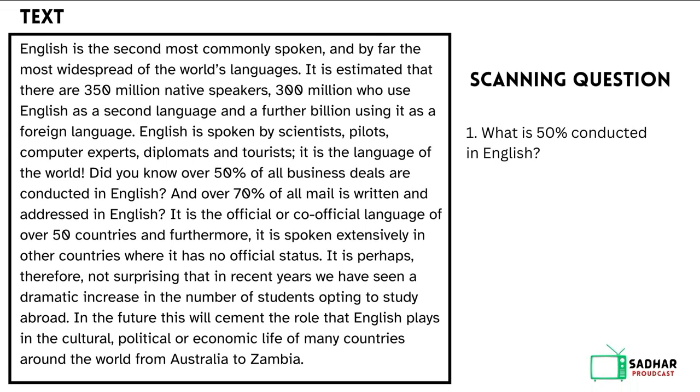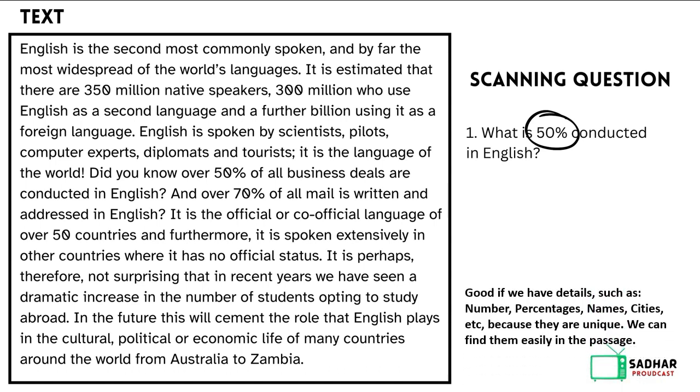Right, take a look at this as an example. There is a text on the left, and then there is a scanning question, number 1. In fact, there are 2 questions. Take a look at number 1 first. What is 50% conducted in English? So now we have the number, the percentage 50%.